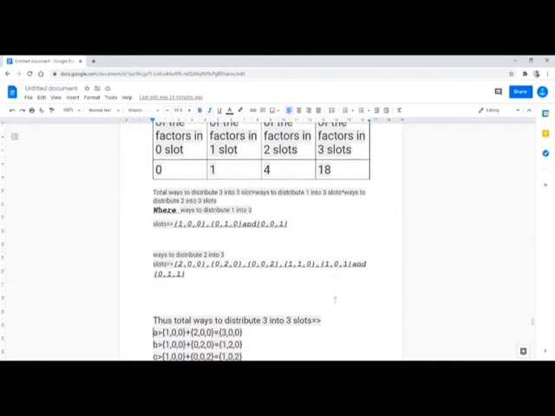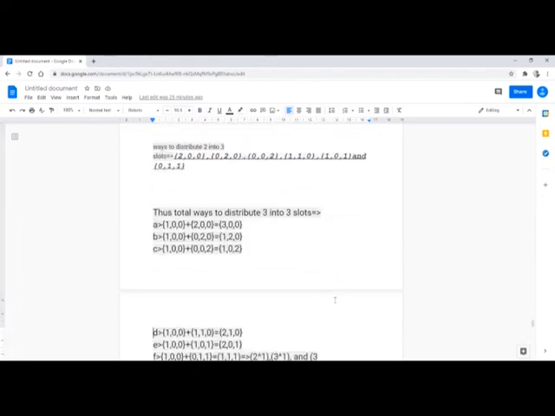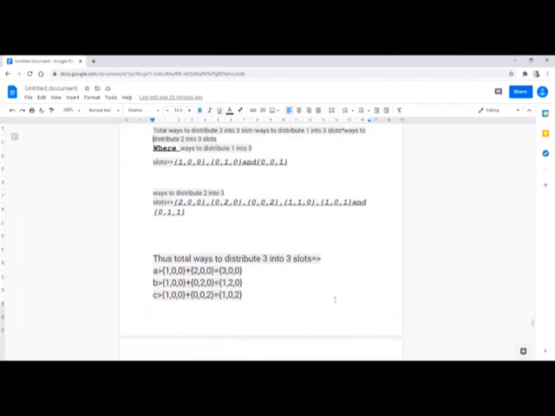Ways to distribute 2 powers into 3 slots is 2 comma 0 comma 0, 0 comma 2 comma 0, 0 comma 0 comma 2, 1 comma 1 comma 0, 1 comma 0 comma 1, 0 comma 1 comma 1. Thus the total ways to distribute 3 items into 3 slots is we just take each one of them and add it actually. So 1 comma 0 comma 0 is added with all of this, 0 comma 1 comma 0 is added with all of this, and 0 comma 0 comma 1 is added with all of this.